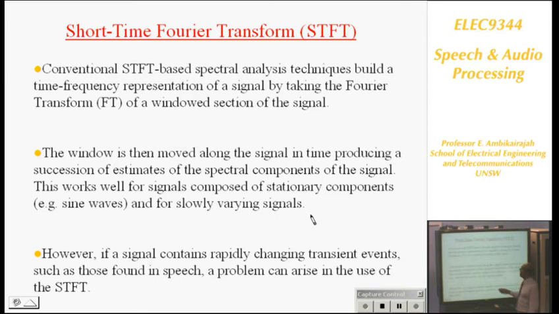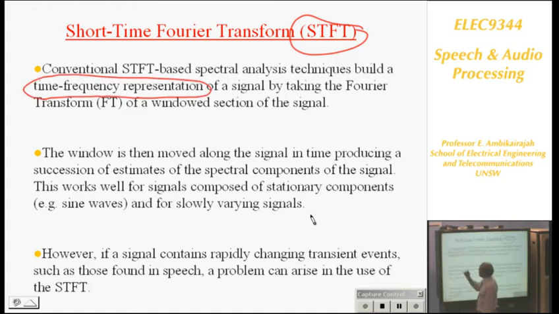And we can extract the magnitude of the spectral information, as well as the phase. The conventional short-time Fourier transform, which we normally write as STFT, is a spectral-based technique where we create a time frequency representation. How do we do that? By taking a Fourier transform of a windowed section.